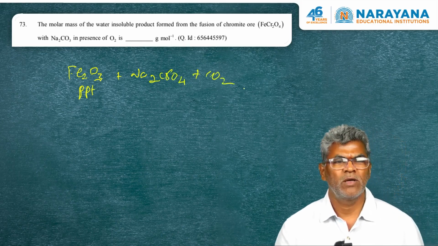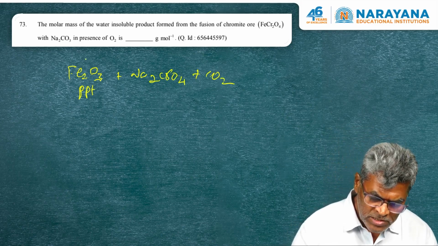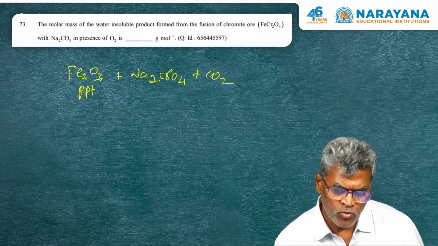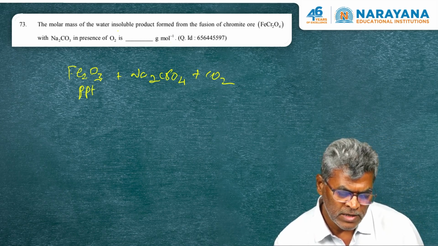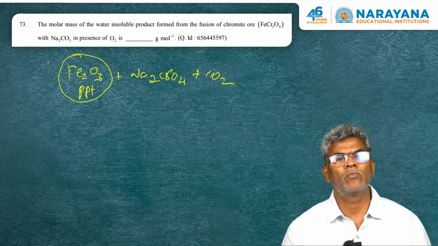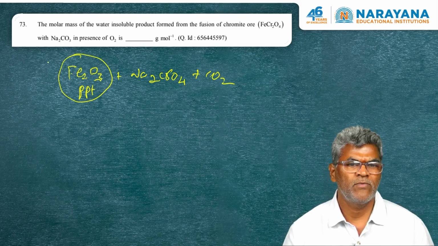These are the products. This is given in the NCERT textbook directly. So, since they are asking about the insoluble precipitate in this compound, that is why it is Fe2O3.